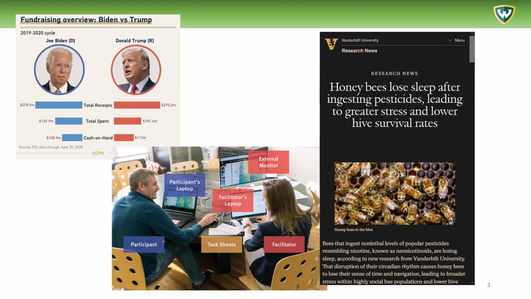We can compare average levels of fundraising between political candidates, or we can determine how many tasks are accomplished when somebody is using one system versus how many tasks are accomplished when somebody is using another system.